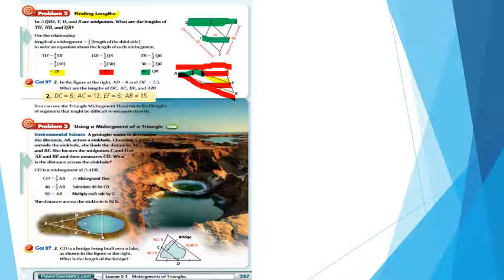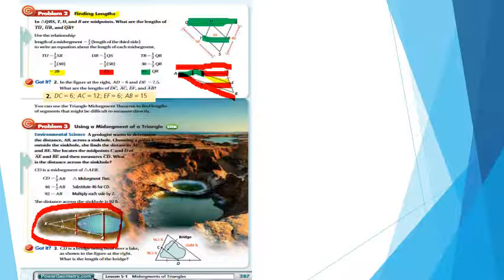So, I want you to look at this triangle here. DC is a midsegment, is it right? And this midsegment is of course parallel to this. So if I have the measure of the midsegment, can I find AB? Of course, yes. Very easy.